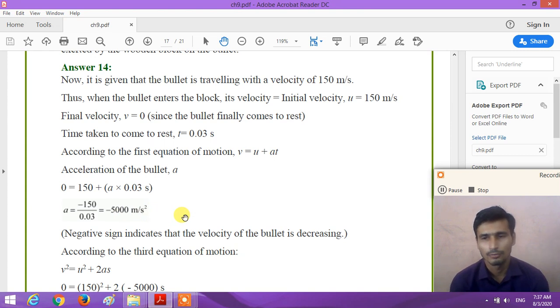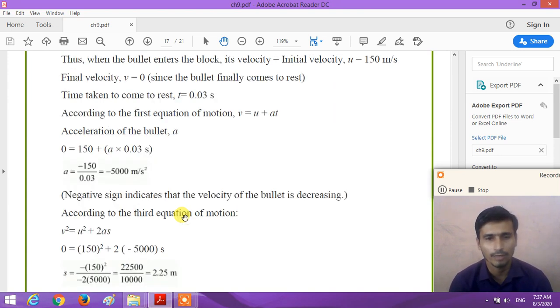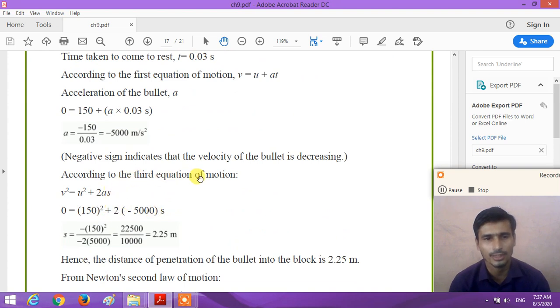Now what do we want to calculate? We want to calculate how much distance is traveled by the bullet in the wooden block. So according to the third equation of motion, v square is equal to u square plus 2as. Here v, the final velocity, is 0, initial velocity is 150 meter per second, and the acceleration we calculated is minus 5000 meter per second square.